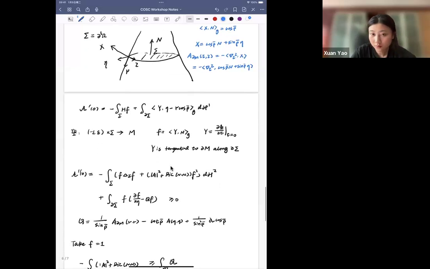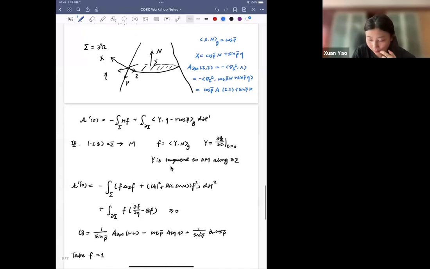This gives you cosine rho bar A tau tau plus sine rho bar k. And you know that the mean curvature of sigma equals A tau tau plus A eta eta.